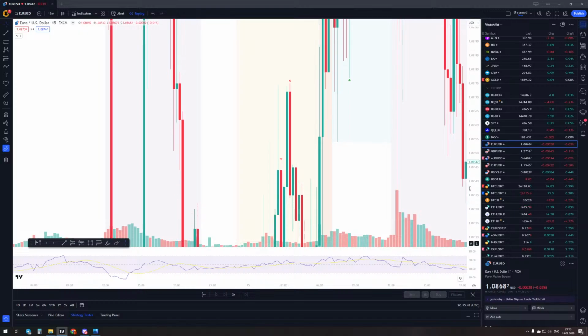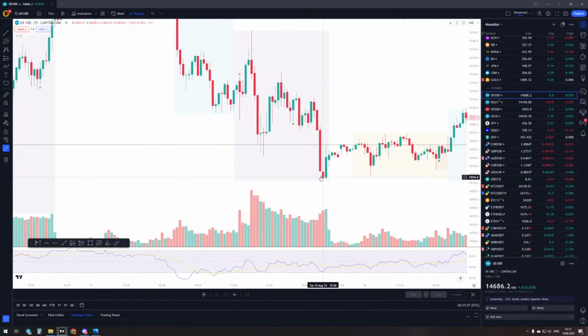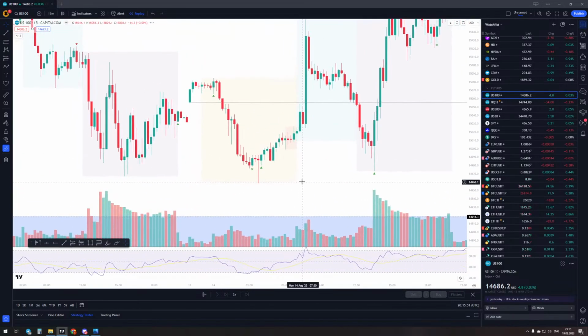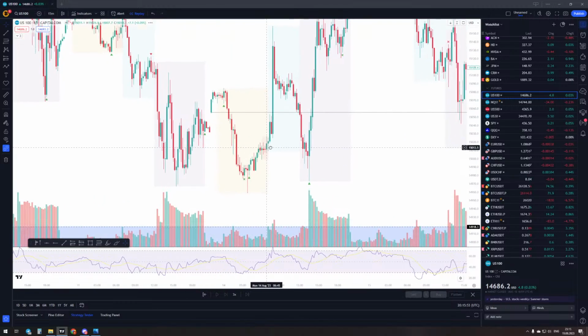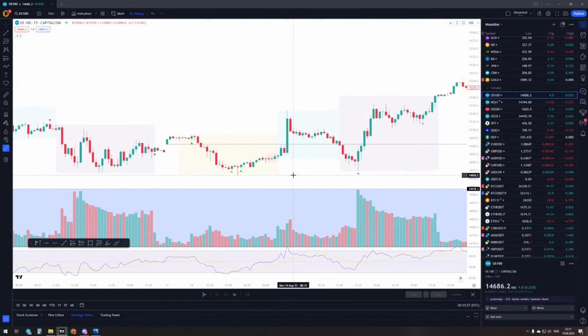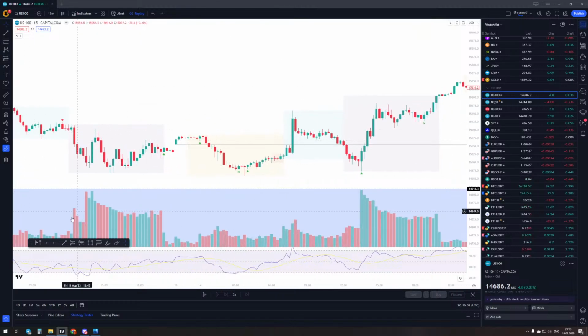Probably Euro. It's a more clear picture. Best is on Linux, to be honest. Yeah, this one. So we have consolidation like this. We have consolidation.